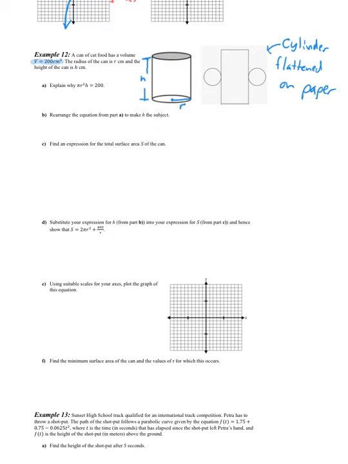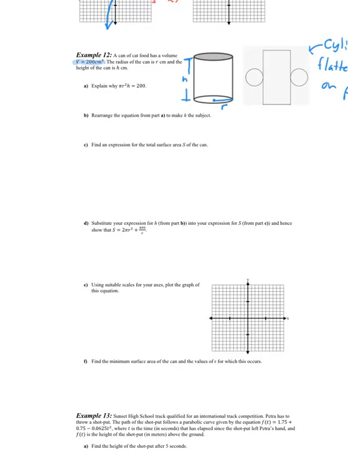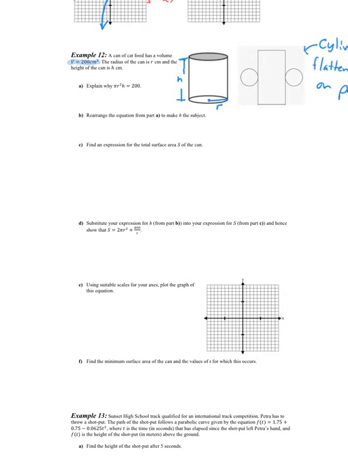All right. So it says, explain why pi r squared times h equals 200. And for this first part, pi r squared times h, that's actually the equation for volume. You might remember the area of a circle is always pi r squared.